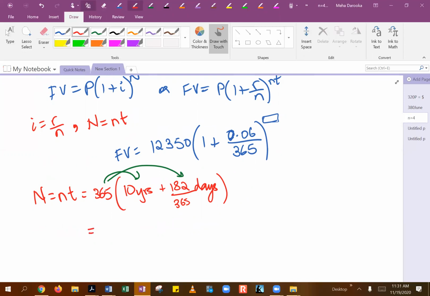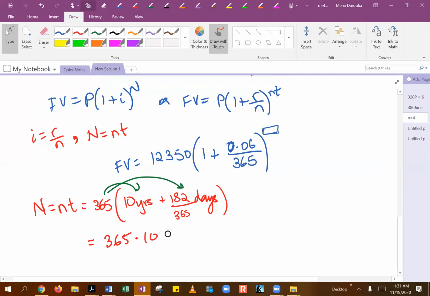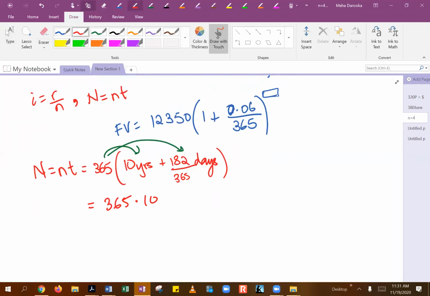So you would actually end up multiplying 365 with 10 years, and then on the other side you would be multiplying 365 with this fraction, 182 over 365.